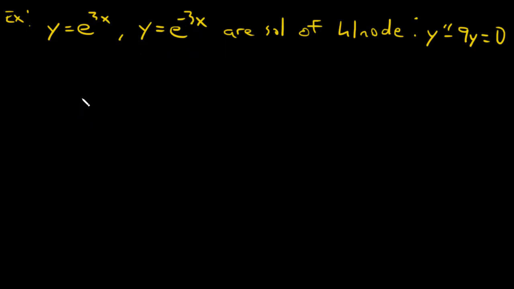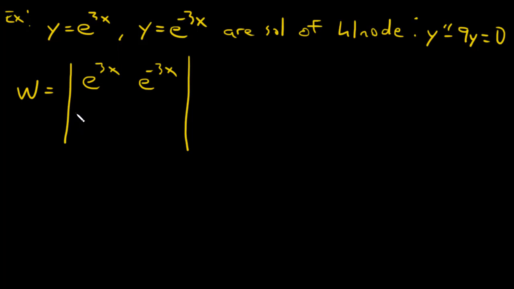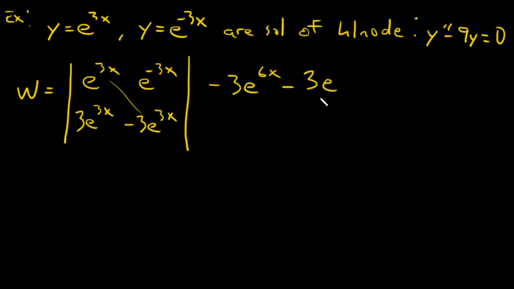So I know they need to be linearly independent, but I'm going to run the Wronskian anyways. Since it's a second order, it's really easy. So e to the 3x, e to the negative 3x, and then 3e to the 3x and negative 3e to the negative 3x. So it's going to be this one, negative 3e to the 3x plus 3x is 6x, minus this times this, which is 3e to the 0, right?